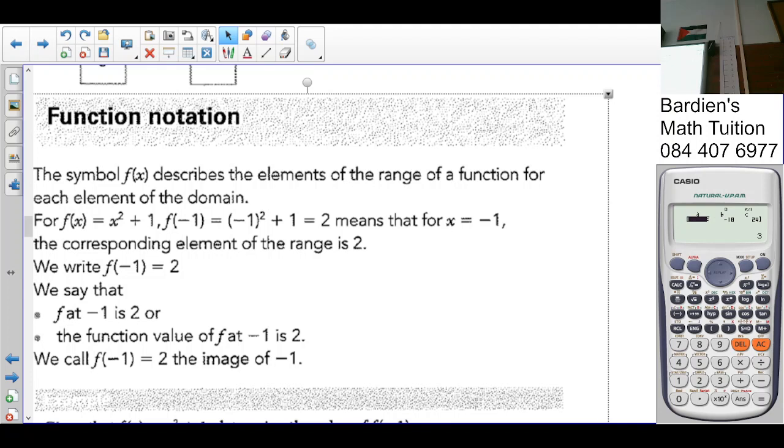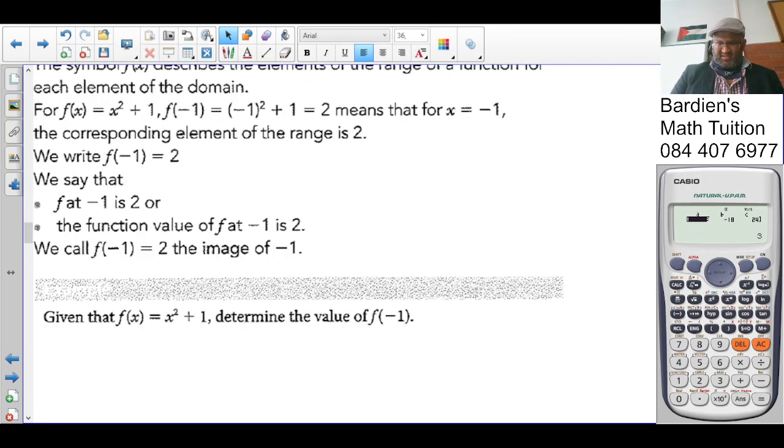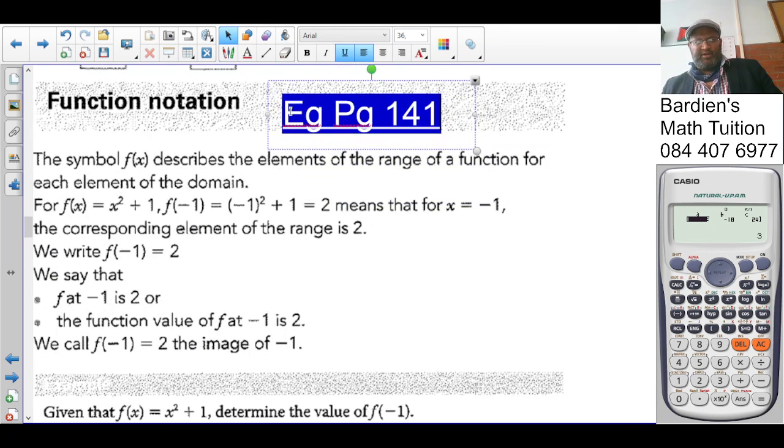Functional notation is on page 141. Give you a minute to write this down.